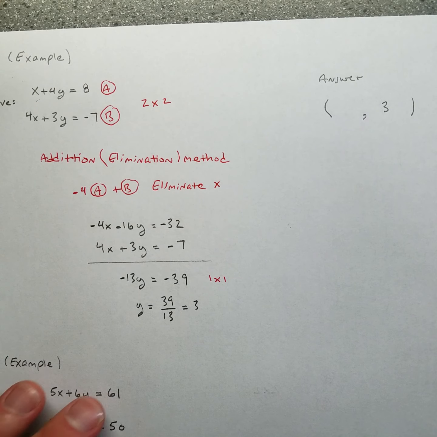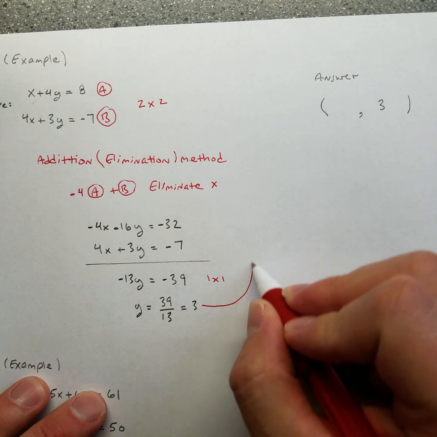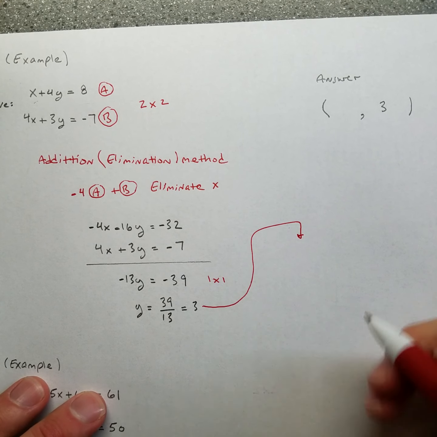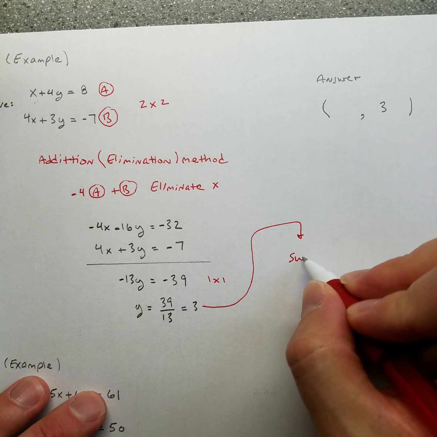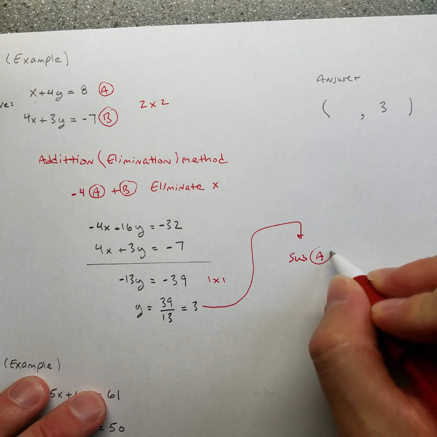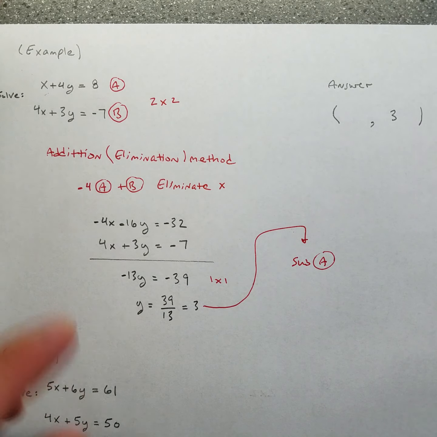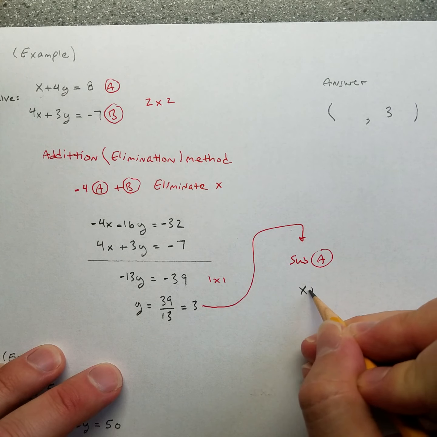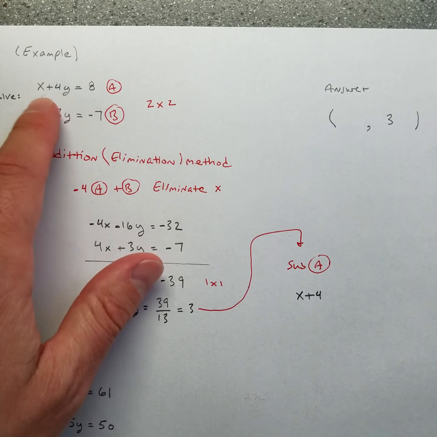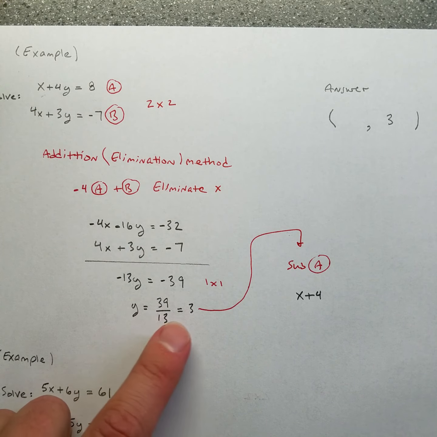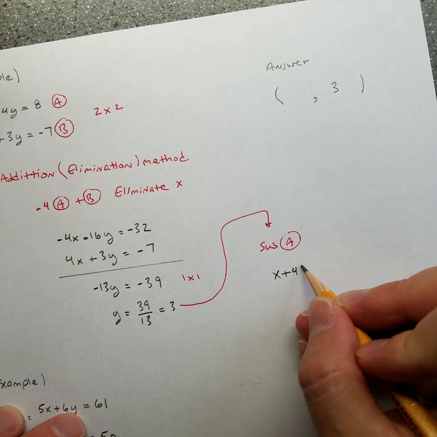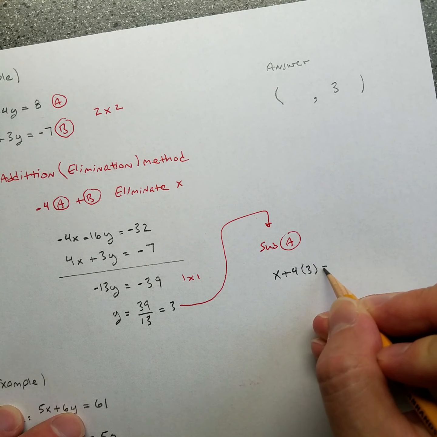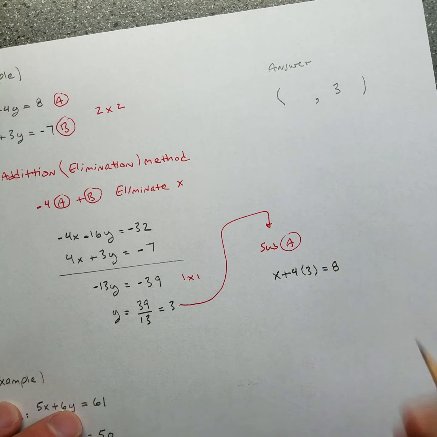Okay? So let's see, I'll do like this. Take the fact that y is 3. I'll sub that into A and see what it looks like. x plus 4y. Now I say x plus 4y, but we know in fact what y is. y is 3, so we'll say like this, equals 8.